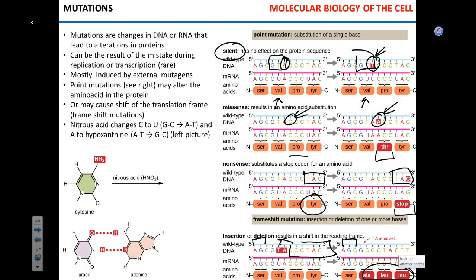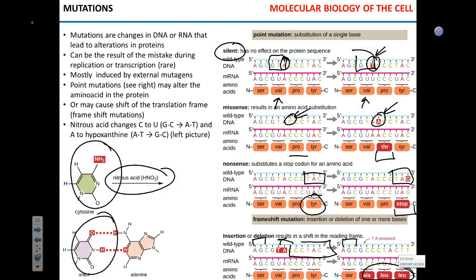An example of a mutagen, an agent that can cause mutation, is nitrous acid, HNO2. It changes cytosine to uracil, and as a result, you have a different pair. Does that make sense? Now, before we talk a little more about nitrous acid and why this example is quite relevant, let me summarize what you have to know.